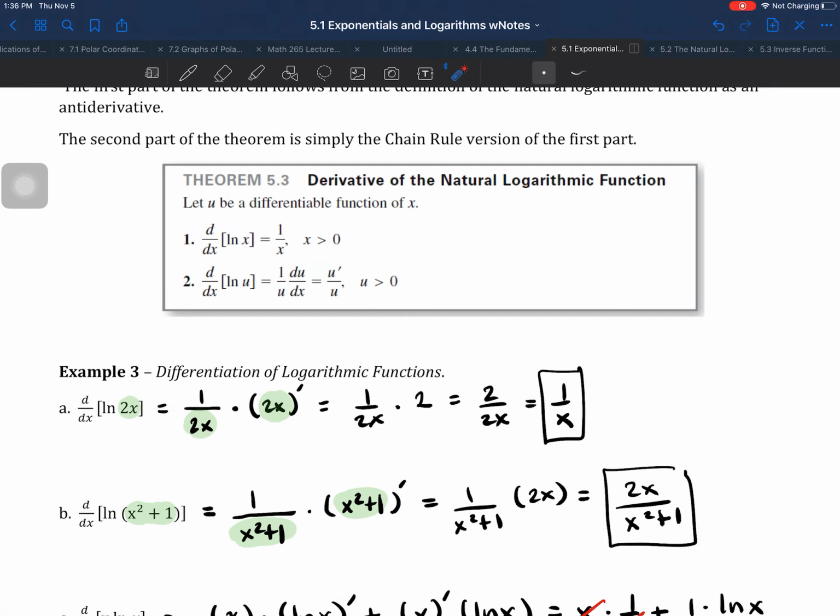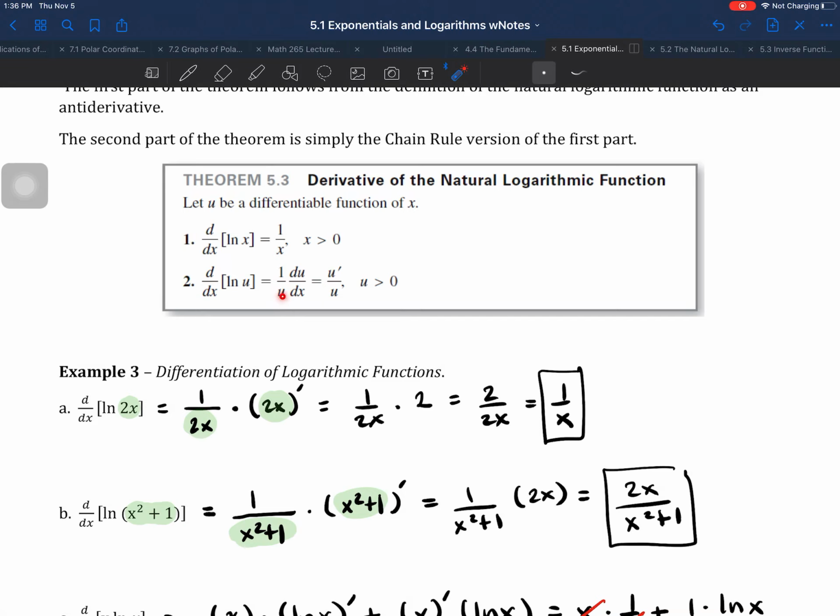Now, in most cases, remember that we also could have a function inside a function. So whenever u represents a function of x, and this is within the natural log, the derivative of this will follow the chain rule. That is, the derivative of the outside will be 1 over the inside.